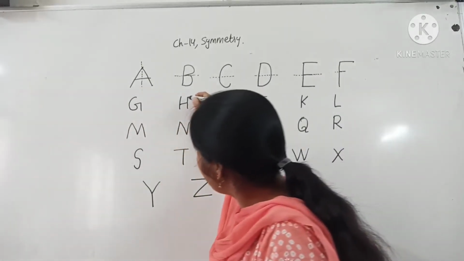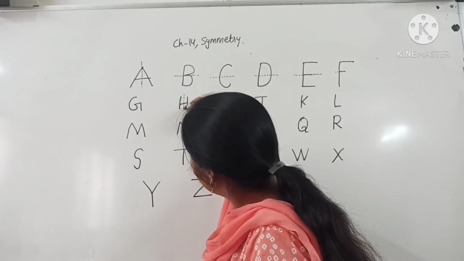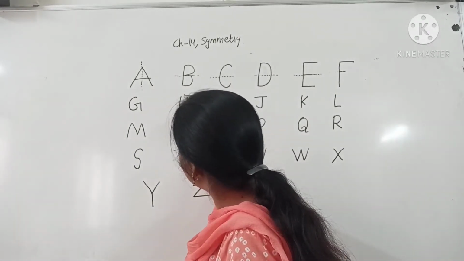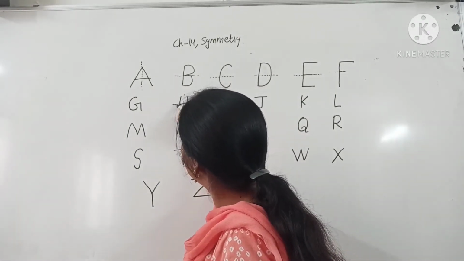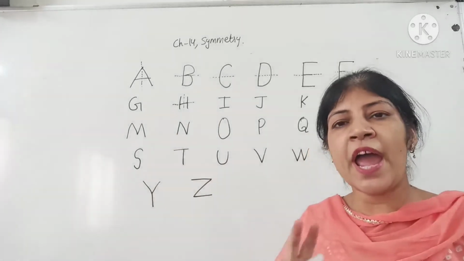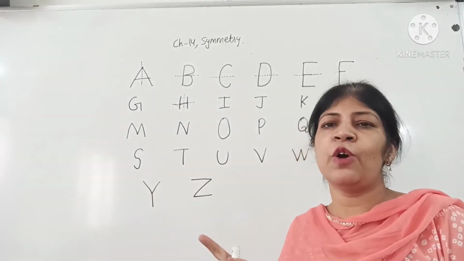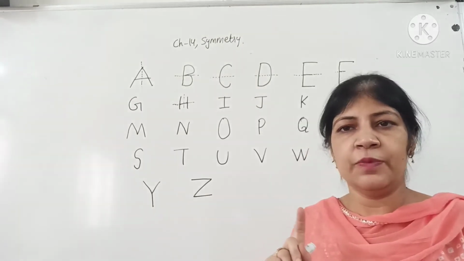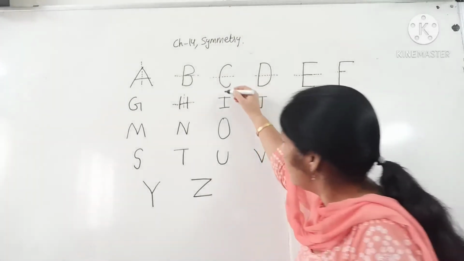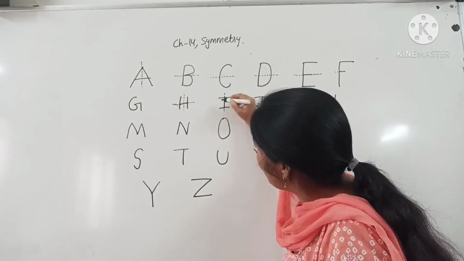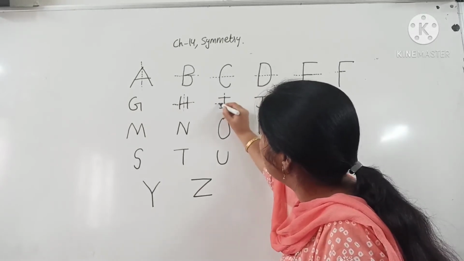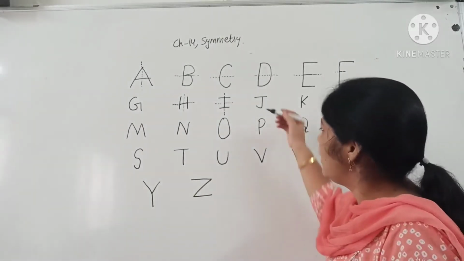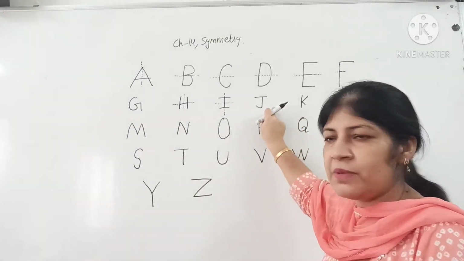Now H. Vertically it can be divided into two parts and even horizontally it can be divided into two parts. So H has both lines of symmetry, horizontal as well as vertical. Clear? I also has two lines of symmetry, that is vertical and that is horizontal. Clear? Now J has no line of symmetry.